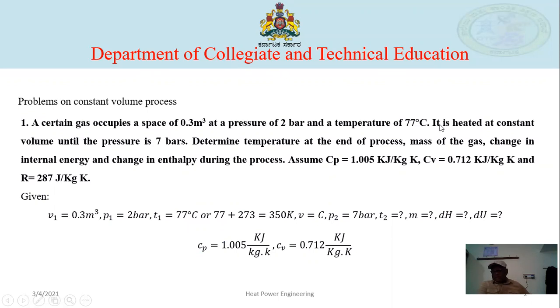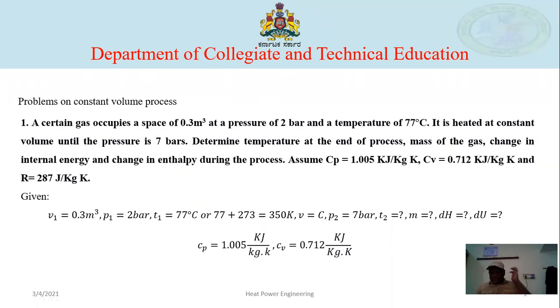It is heated at constant volume until the pressure rises to 7 bar. After heating that gas, the pressure has been increased to 7 bars. Determine the temperature at the end of the process. The initial temperature is given; you have to find out the final temperature. Then the mass of the gas.